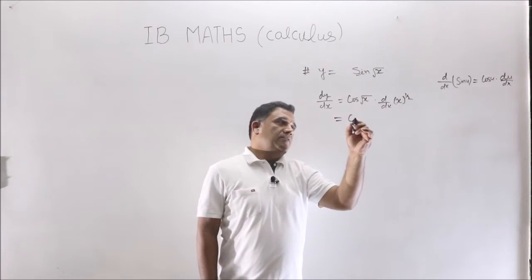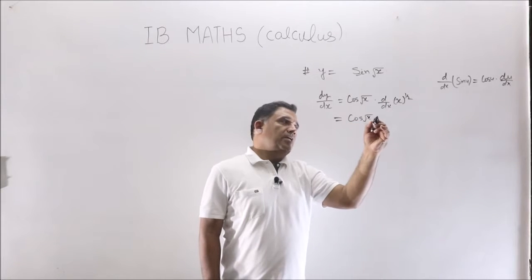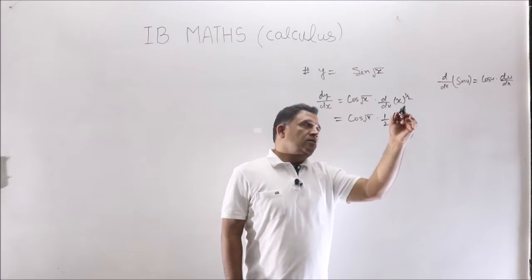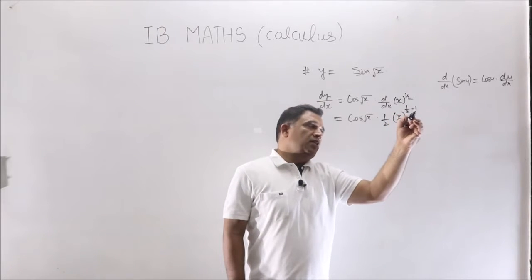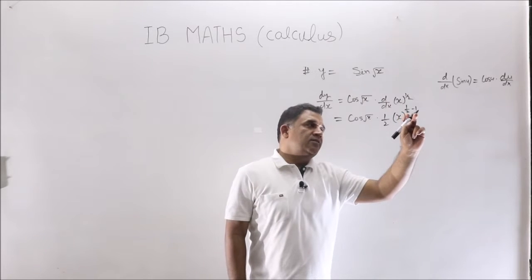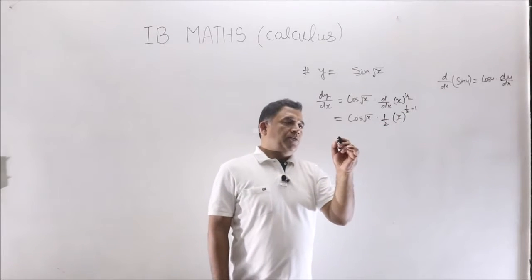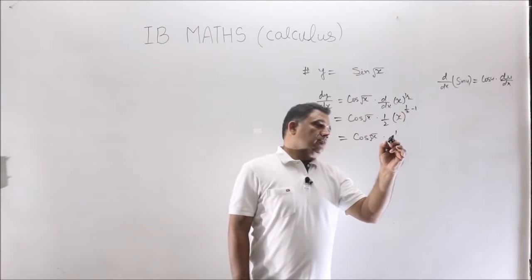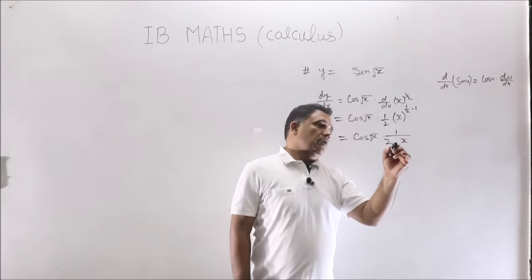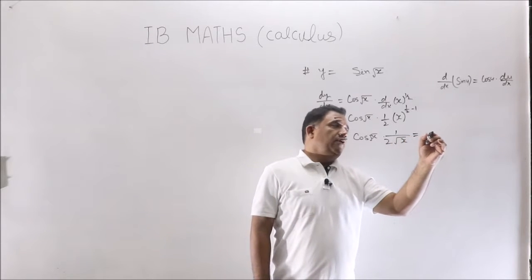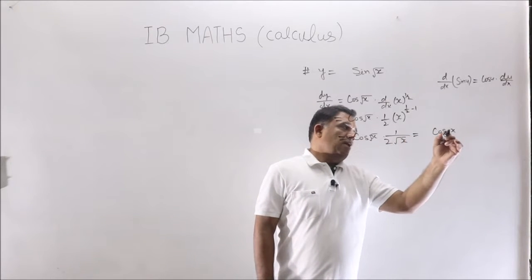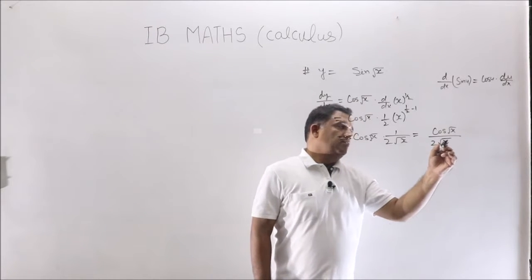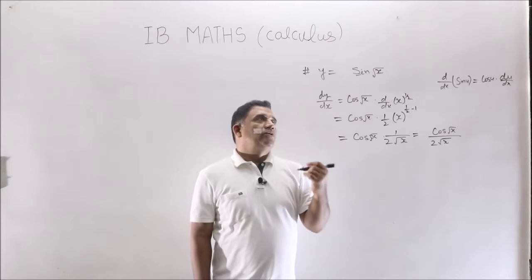We bring 1 by 2 outside and reduce the power by 1: 1 by 2 minus 1 gives negative 1 by 2. So this will be cos of root x, and the negative power goes to the denominator as a square root of x, or we can write directly cos of root x over 2 root x. So this was one question based on it.